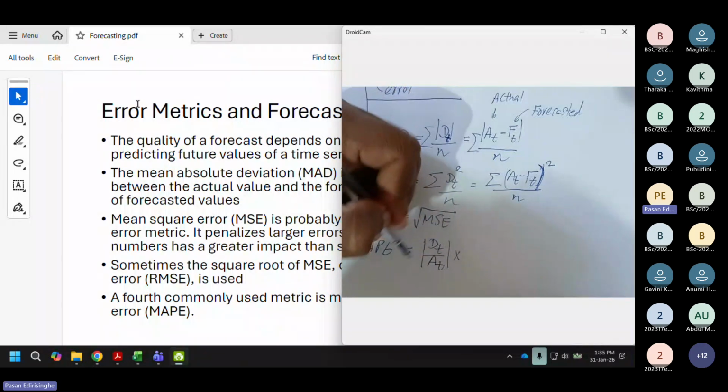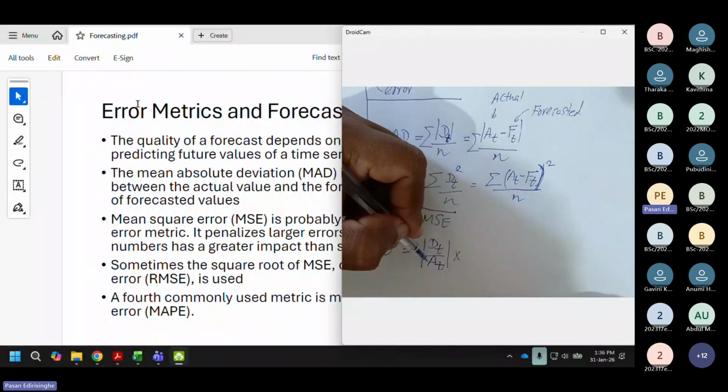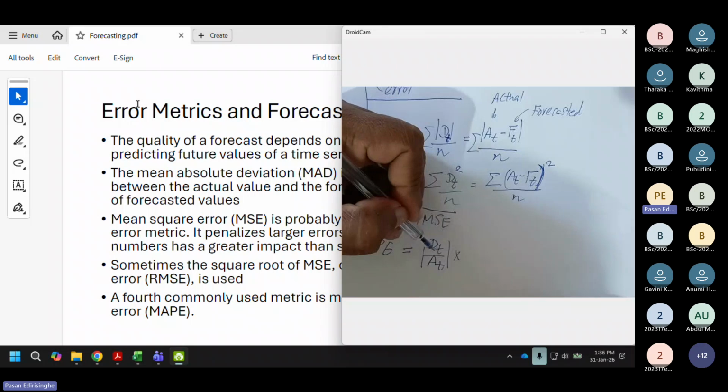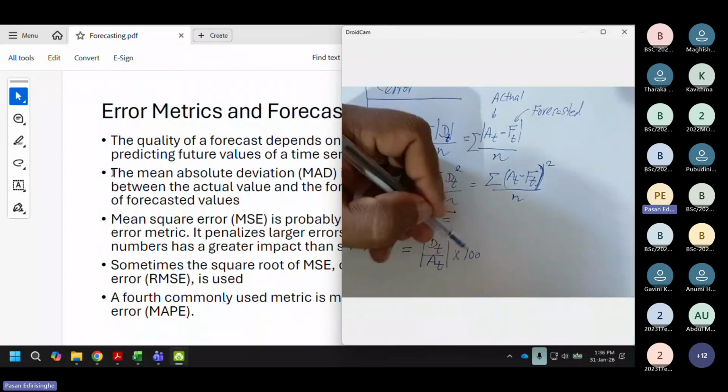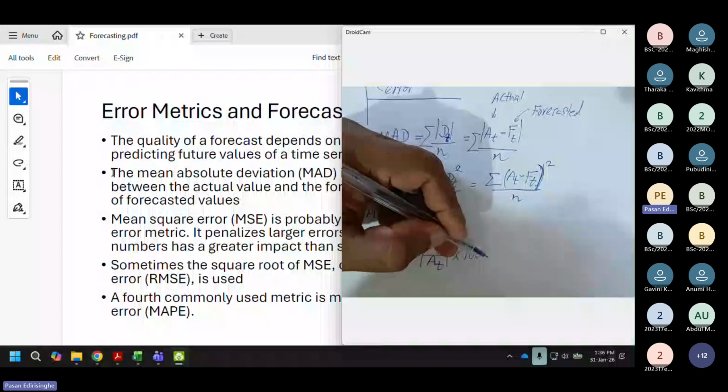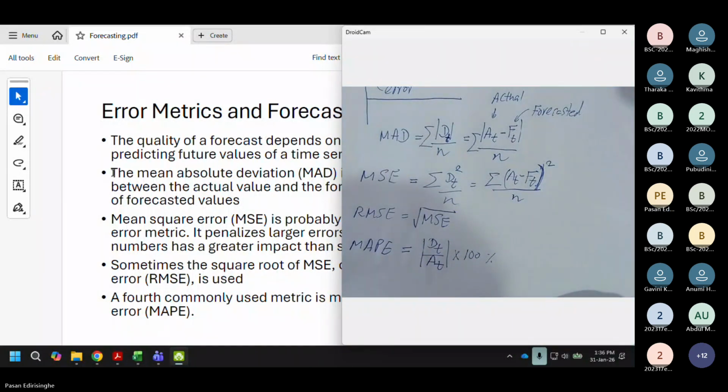Once you divide by that, this might be a very small number, so you can multiply by 100 and write it as a percentage.